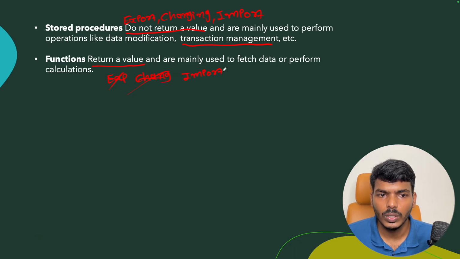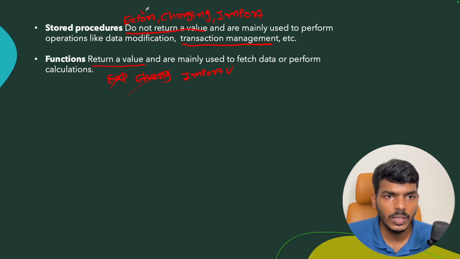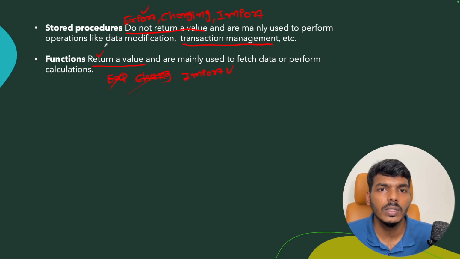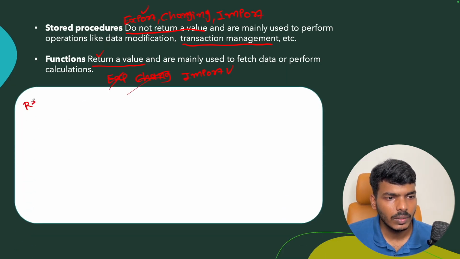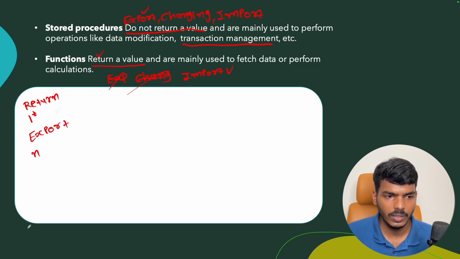Then what is the difference between this export and this return? Let's see the difference. In return, we can only give one value as output, and the second thing is that it is mandatory. But if we talk about export, we can give any number of outputs, and it is not mandatory.